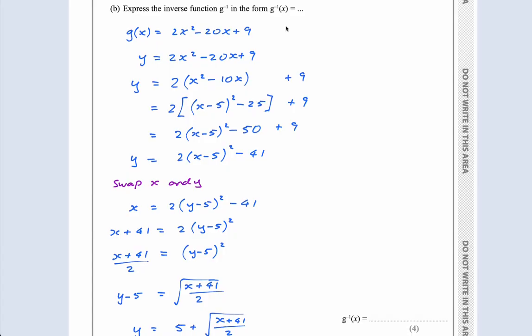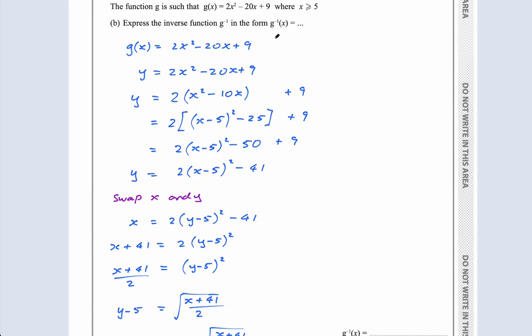Now it says the domain of the function, let me write this down. Domain of g of x is greater or equal to 5. Now that means the range of g minus 1 of x is y is greater or equal to 5.